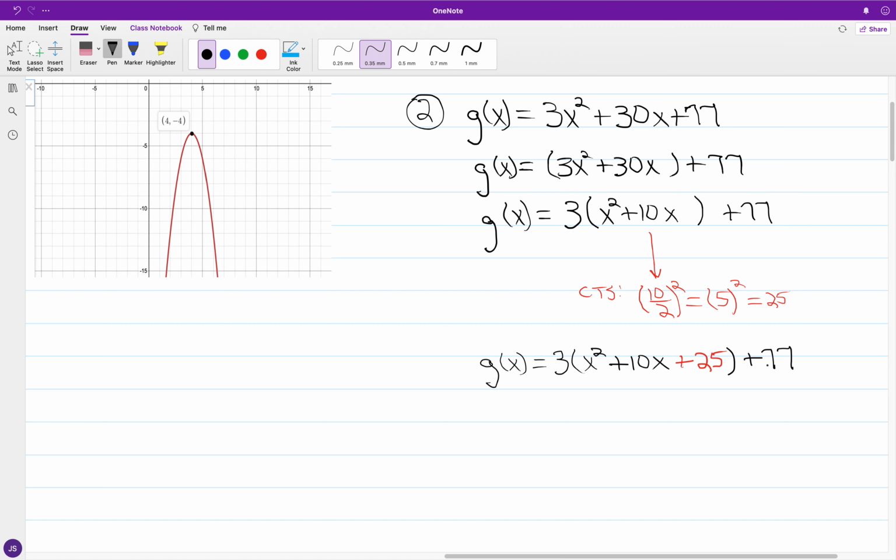Again, I want to keep everything in balance with respect to what we had before. So I had 3x squared plus 30x plus 77. Now by adding 25, I'm creating a bit of an off balance. And I'm adding not just 25, but 3 times 25.